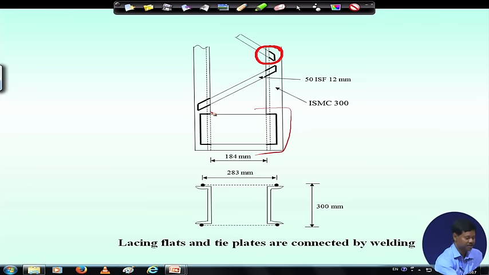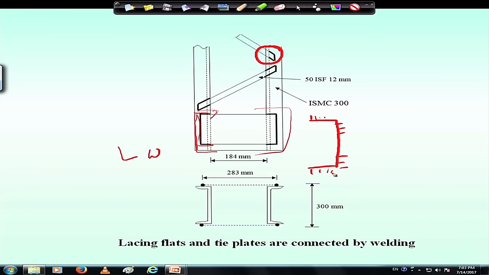Now, it depends on what the total length is, and accordingly we have to distribute. It is not that the total length will be the entire length, right. We have to find out the total length L W, and we have to distribute it properly on 3 sides. We may distribute like this also. Suppose this is the tie plate, we may distribute certain length here, certain length here also, as per the requirement.